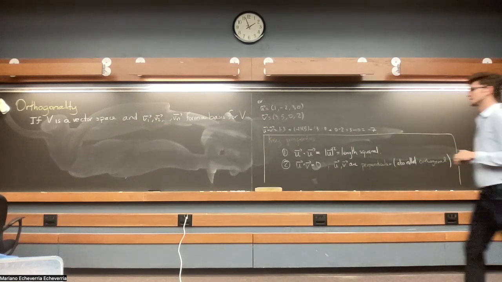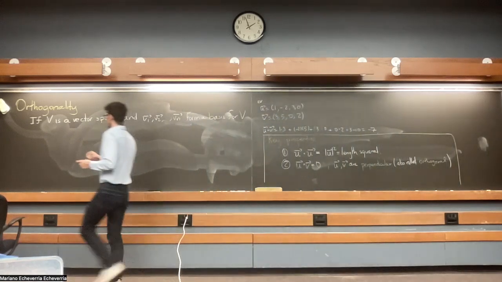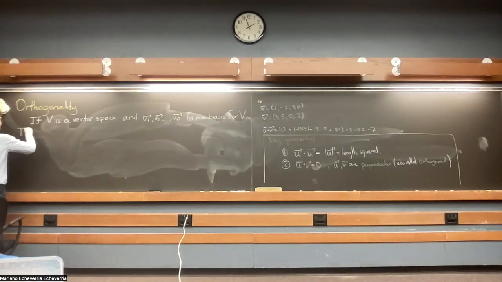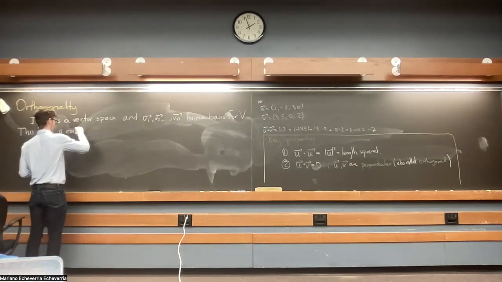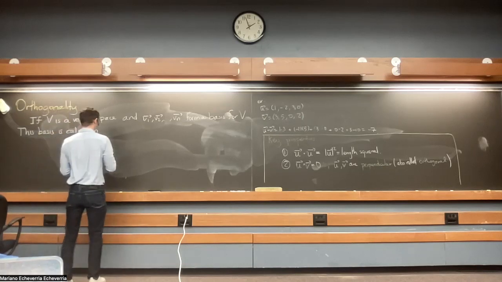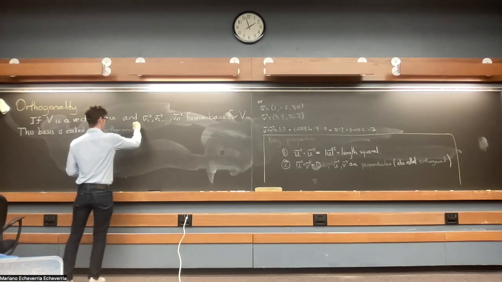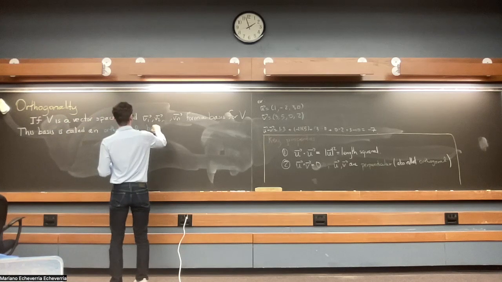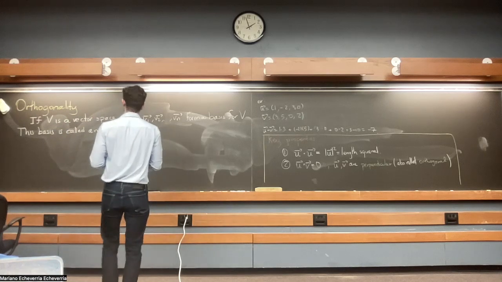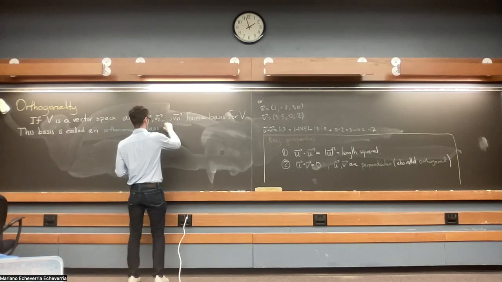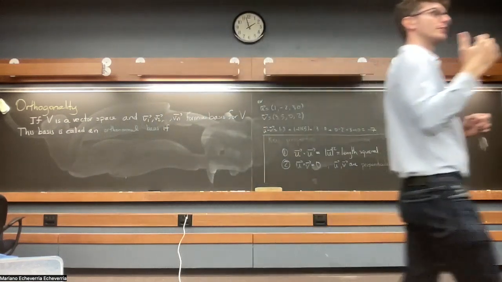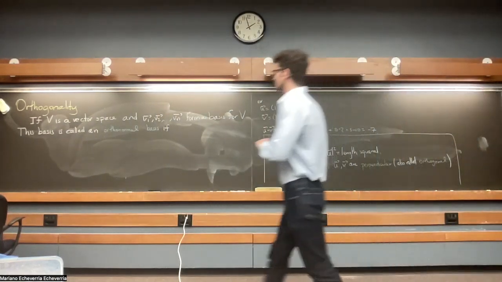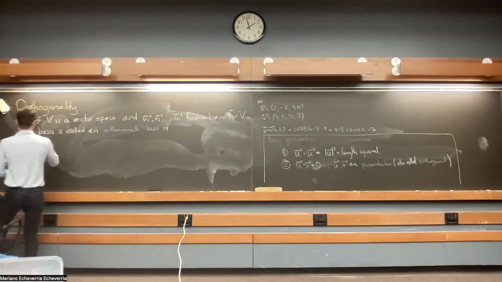We'll say that this basis is orthonormal, and is called an orthonormal basis, if two things occur. The first one is that each vector of this basis has length 1. That's what is usually called a unit vector.